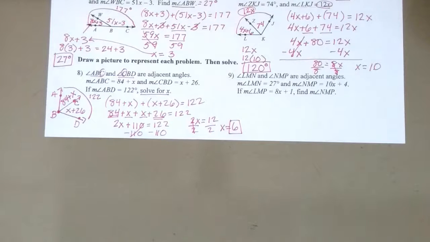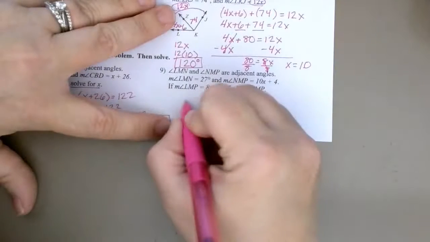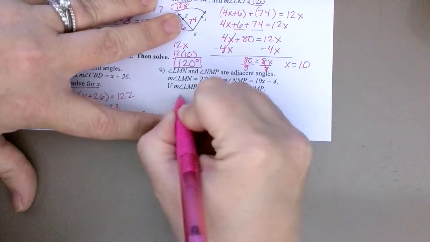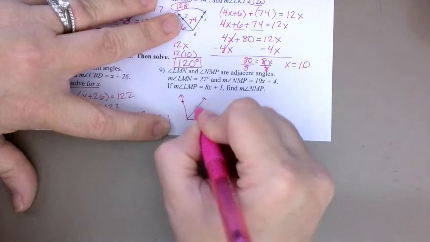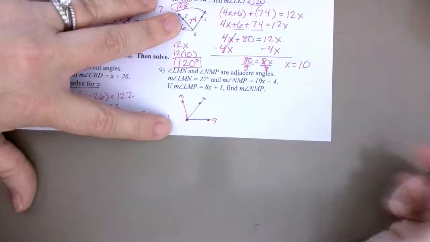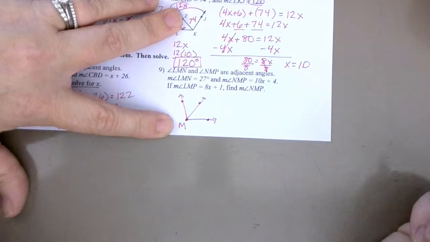See if you can draw the picture. What's the vertex here? M. And what is the ray they have in common?